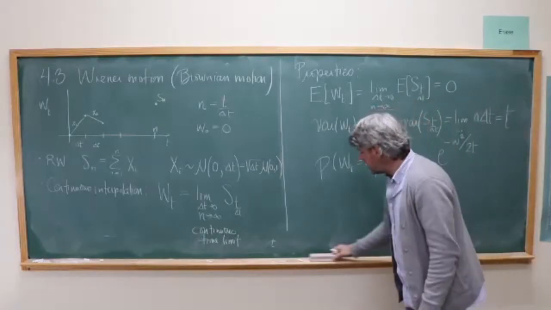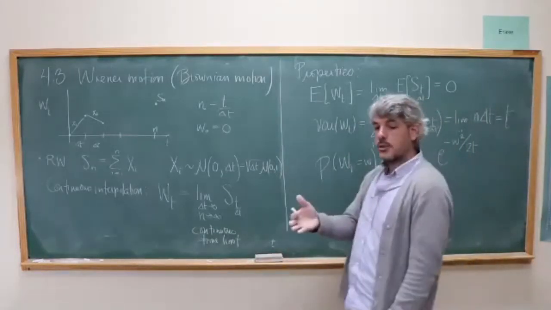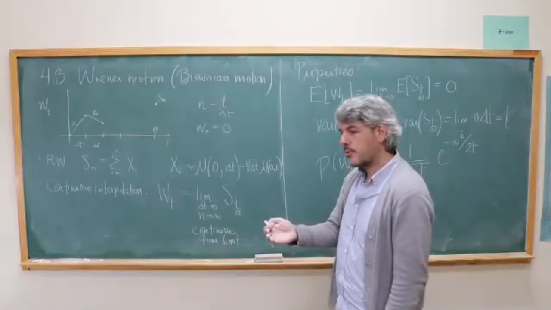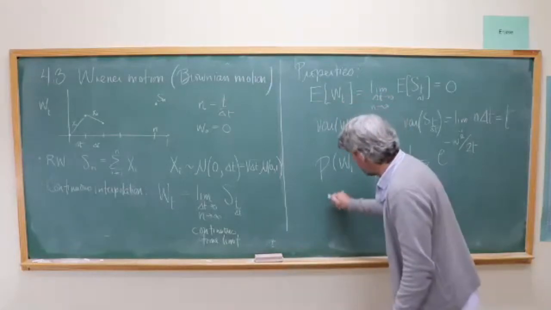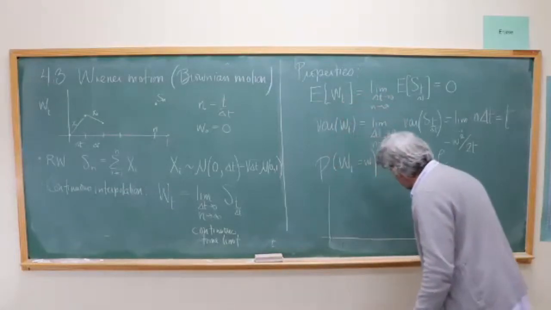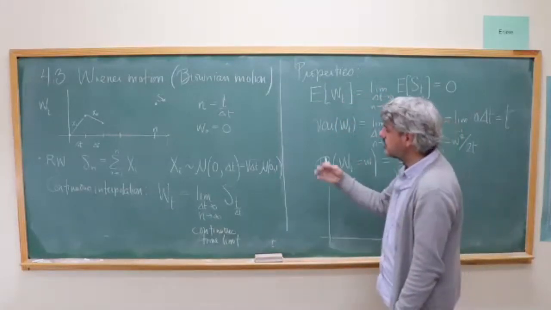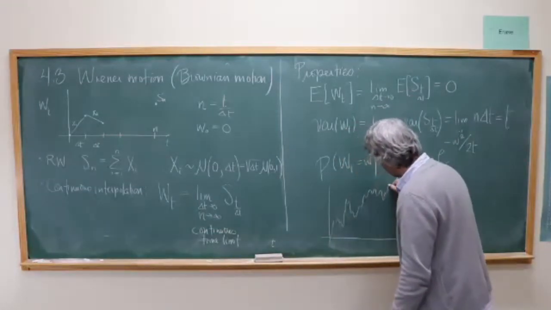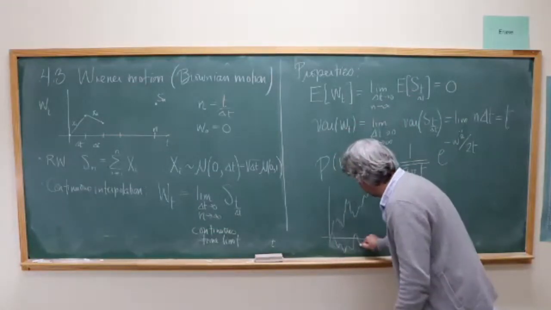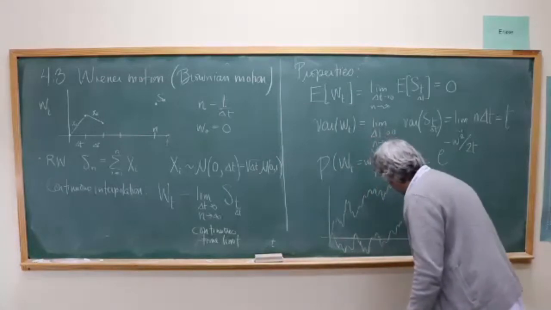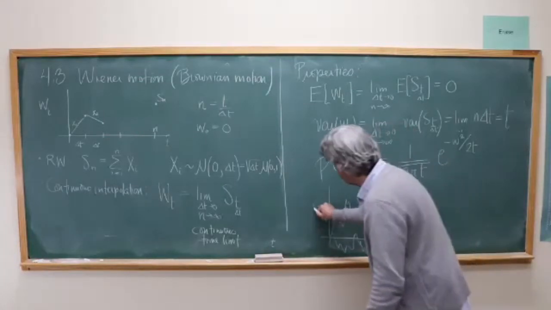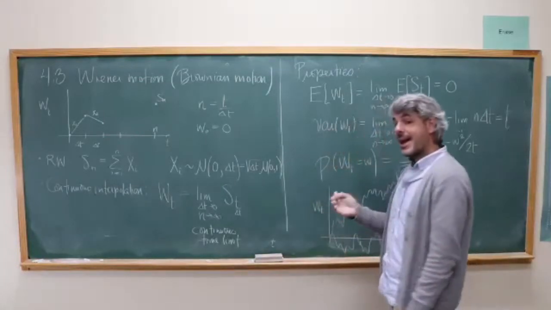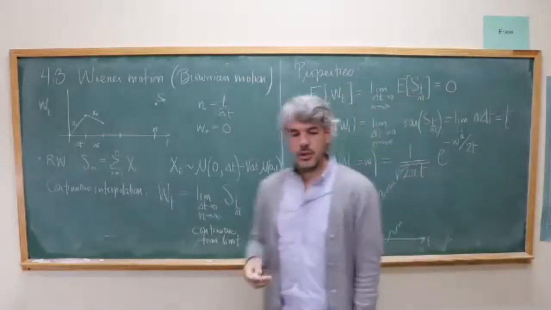If you simulate Brownian motion, and this is part of the exercises for coursework number 4, which is attached to chapter 4, what you'll see is that as you take delta t smaller and smaller, you'll get very broken trajectories like this. This will be your time, and this will be realizations or paths of the Brownian motion.